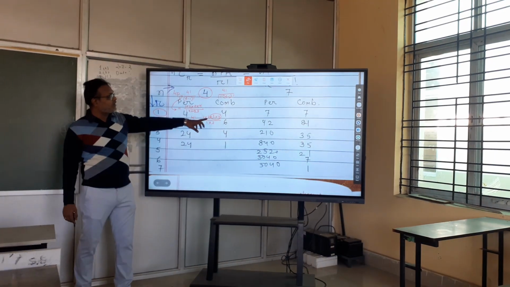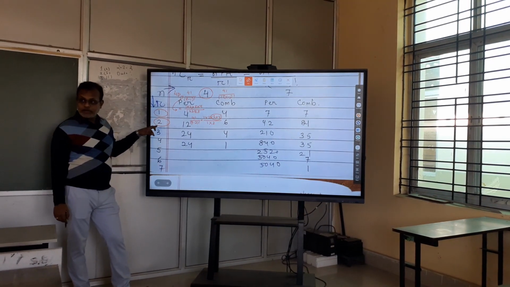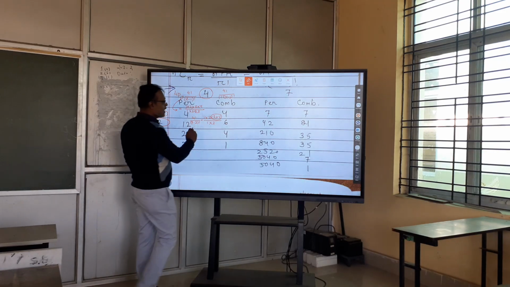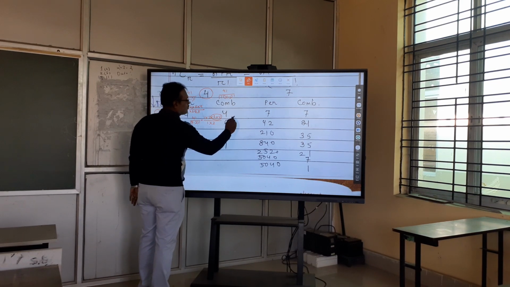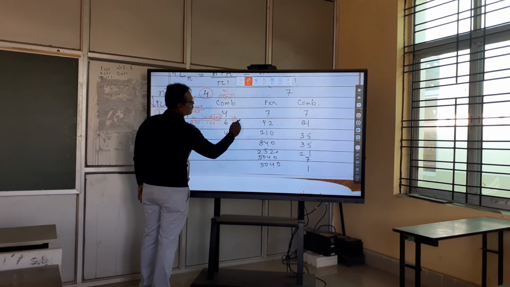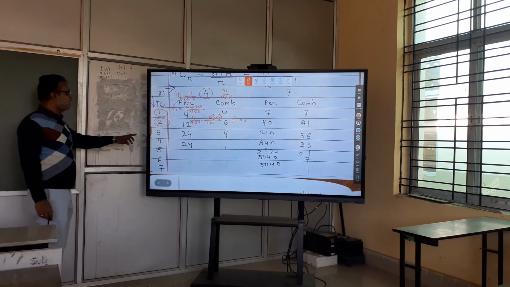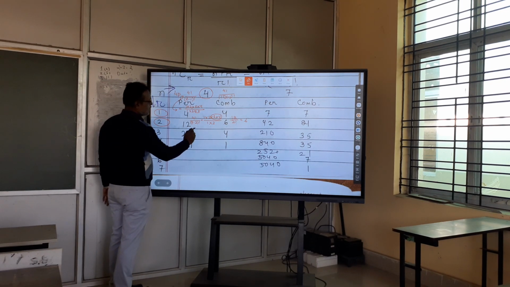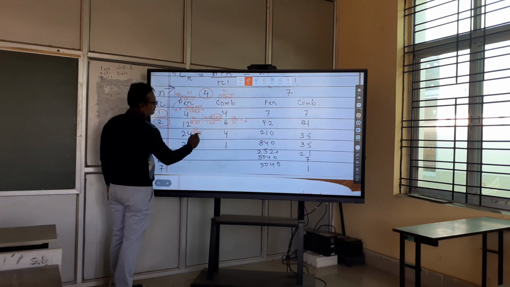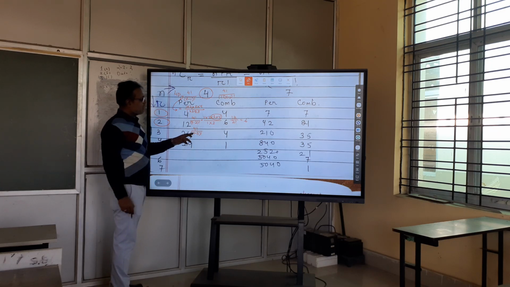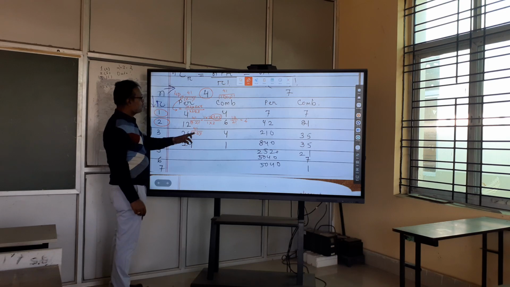But when you take combination, you also have to divide by 2 factorial. So 12 divided by 2 factorial, which is 1 into 2, so this is 6. Clear? Similarly for 3: 4 factorial divided by 4 minus 3 factorial, which is 1 factorial.